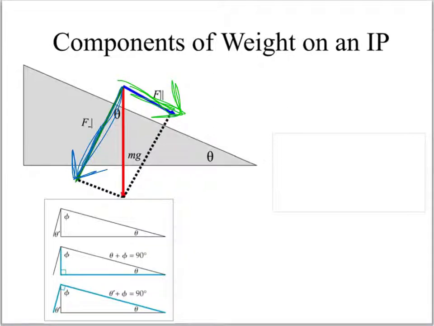So how do we find each of these forces? Well, with the parallel, it is the weight force times the sine of theta, because theta is this right here, and since the weight force is vertical, it's really that same angle theta based off of the vertical.